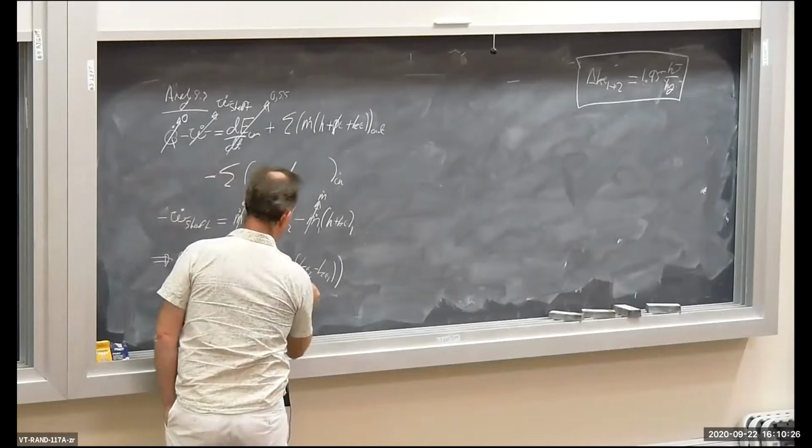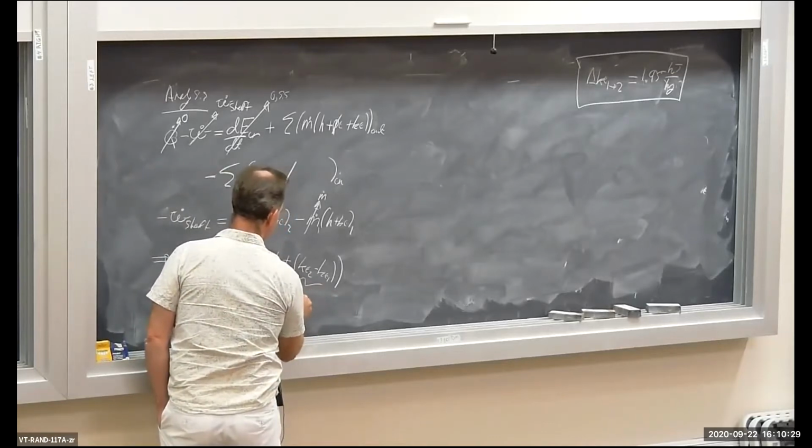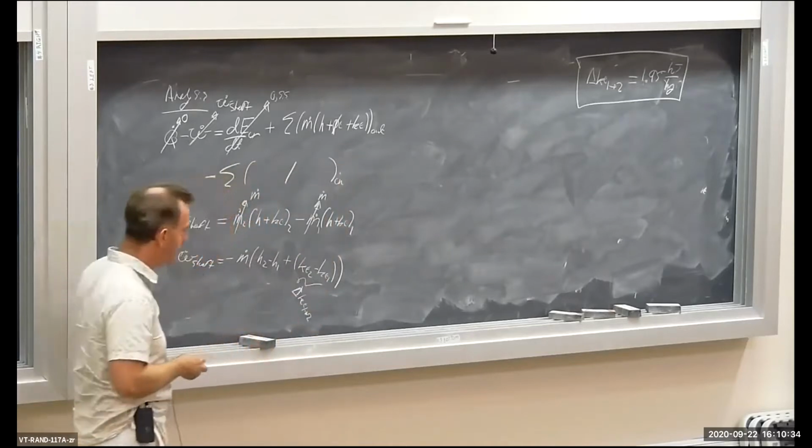Where this guy here is delta kinetic energy from 1 to 2. We've already calculated it.